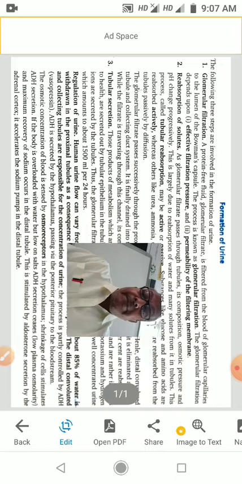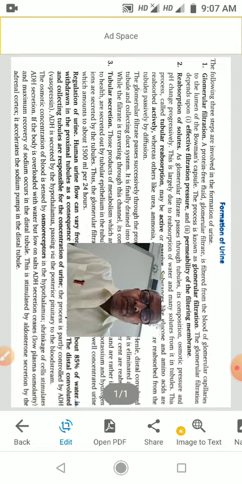There 65% of water is reabsorbed by osmosis, 100% amino acids are reabsorbed by facilitated diffusion. Glucose is also reabsorbed by facilitated diffusion.